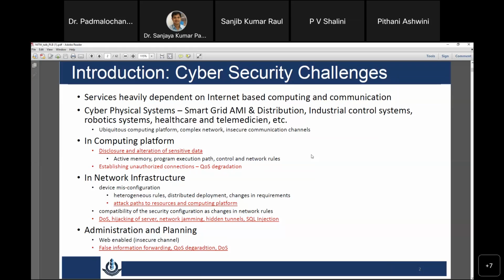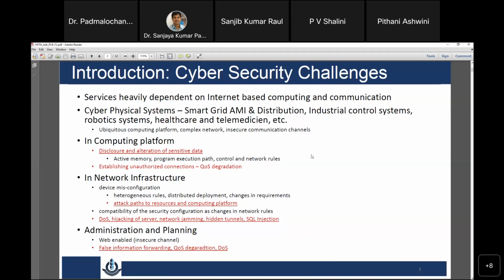Then in industrial controls, robotics, healthcare, telemedicine, in most cases we see that the physical devices are controlled by cyber components. Cyber components means computing devices, computers, servers, or network devices as well.